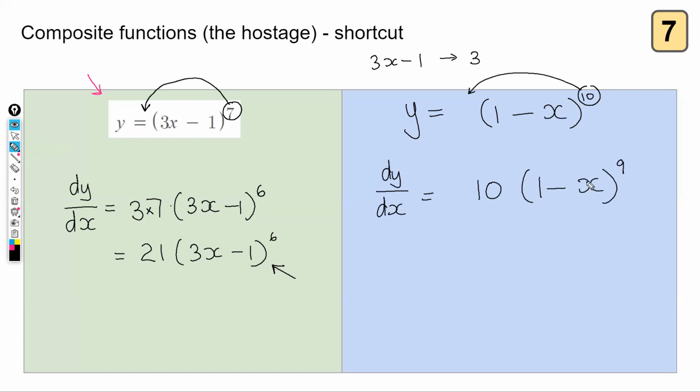But then you have to differentiate whatever is in the brackets. Remember, this is 1 minus x. Isn't this the same thing as 1 minus 1x? When you differentiate this, won't you get minus 1? A few people put positive 1. Remember, this is minus 1 hovering next to the x. So the minus 1 goes outside.